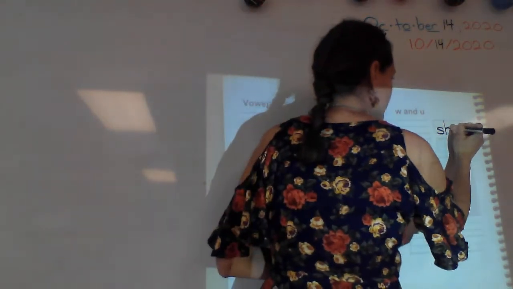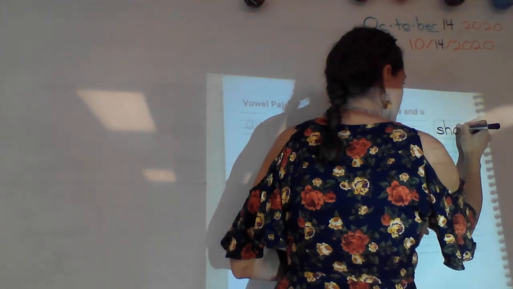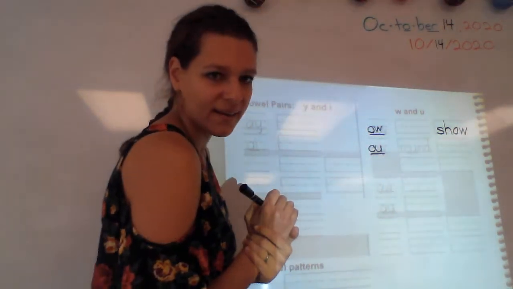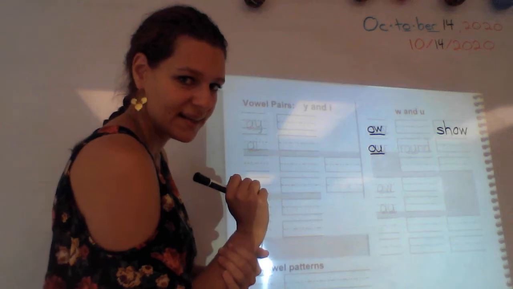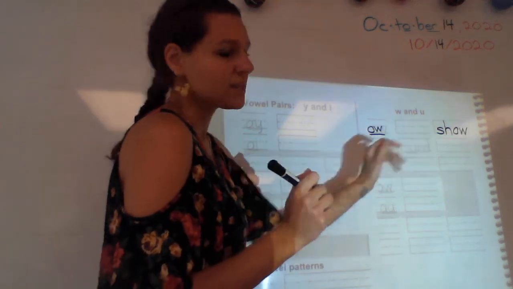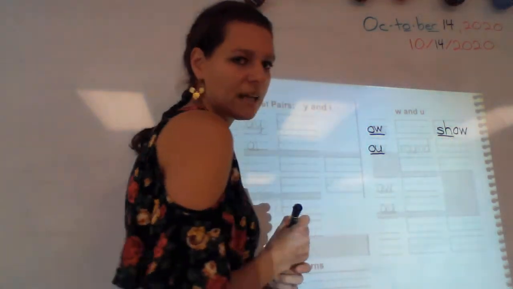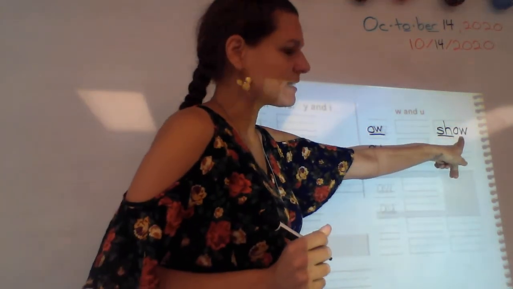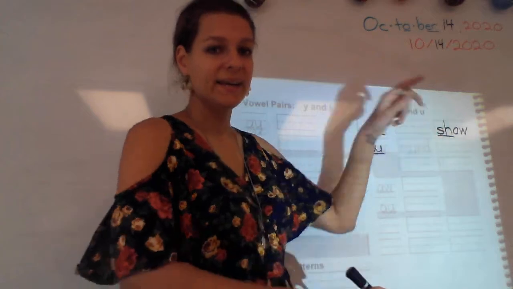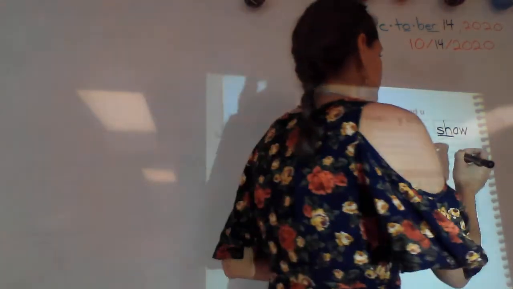Excellent, ow, O. All right, and mark it. Remember, we always start at the beginning and mark. Go through each thing. See if there's anything to mark. Show me how I need to mark my ow, O. Good, it's saying its second sound.